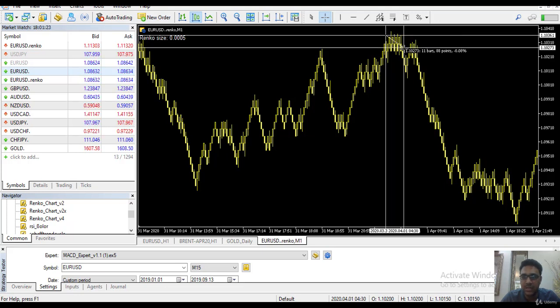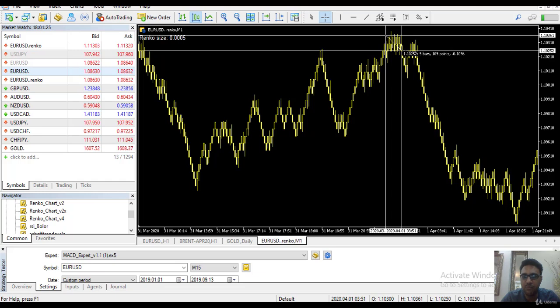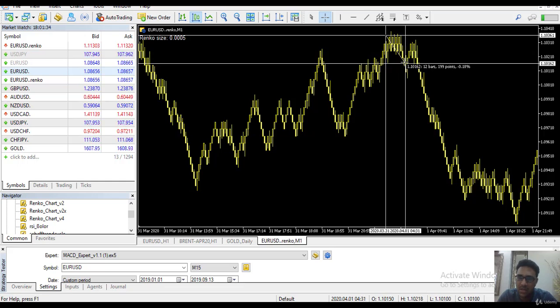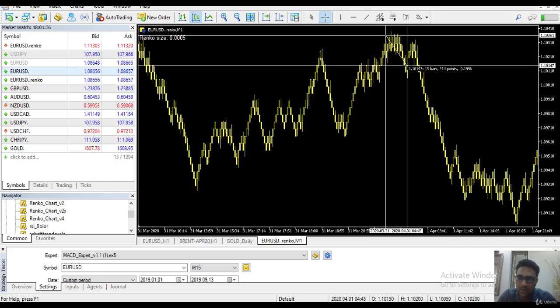From this area to this area, you can only see the price has moved in a small range. 9 bars or 10 bars, you can include 10 bars, so roughly about 13 or 14 bars. So 13 to 14 bars represent 10 to 11 bars on the H1 time frame.